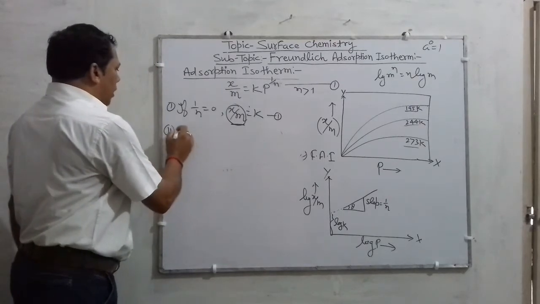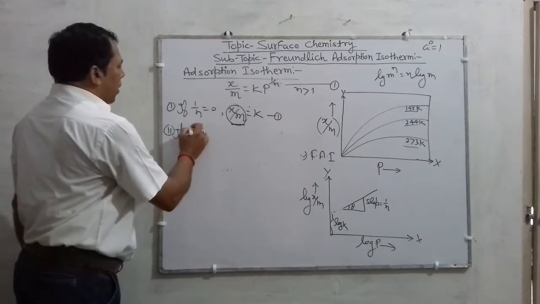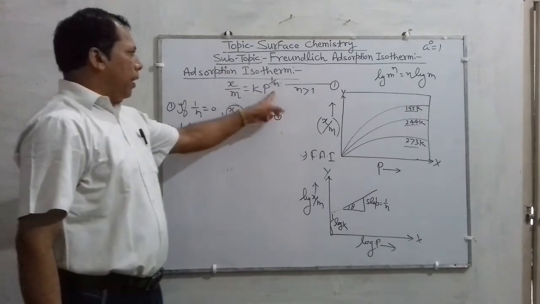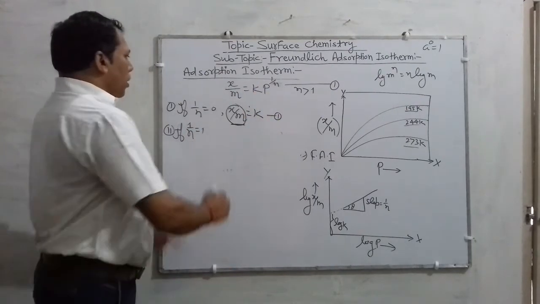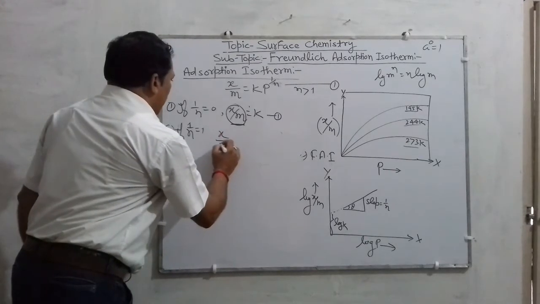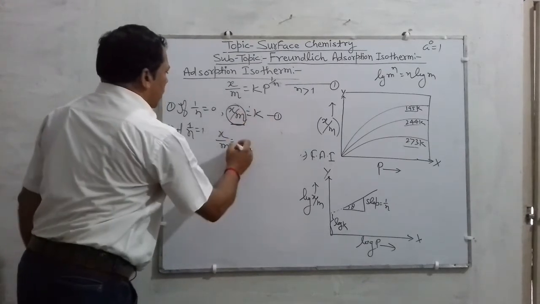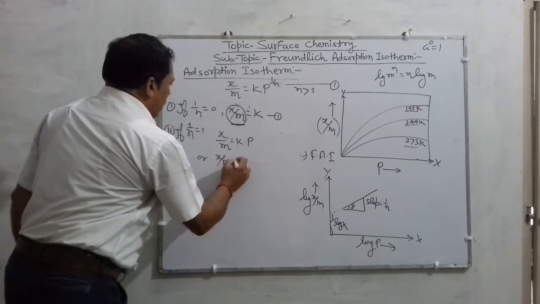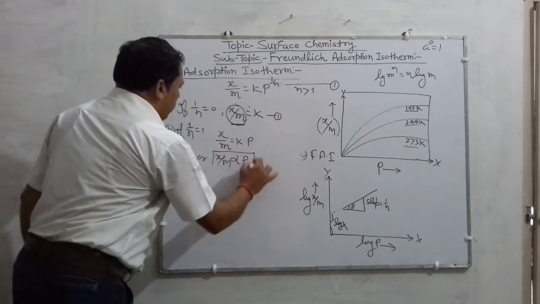Similarly, in the second condition, if the value of 1 upon n is equal to 1, then the value of x by m in equation 1 will be kp, or you can say x by m is proportional to p.